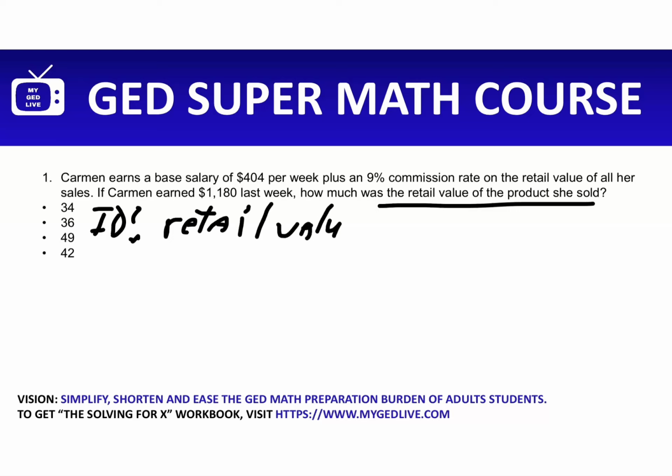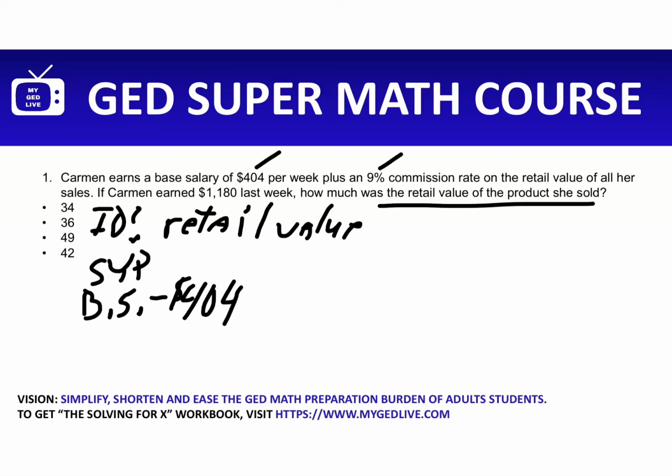Now we're going to state our path. We're just pulling out the pieces that we know. Her base salary was 404, so BS is 404. 9% commission, so C for commission, 9%.